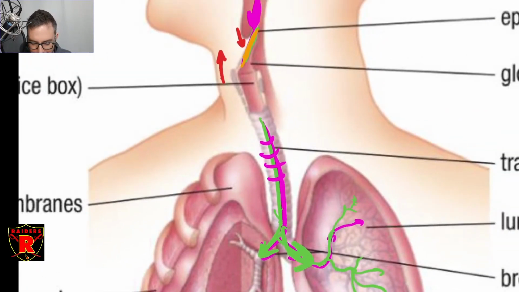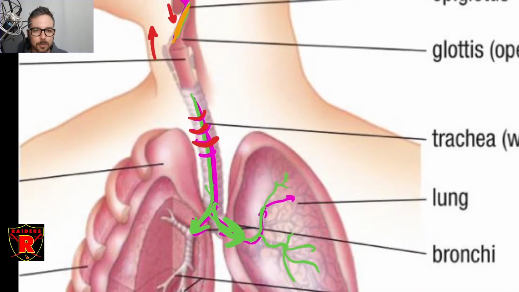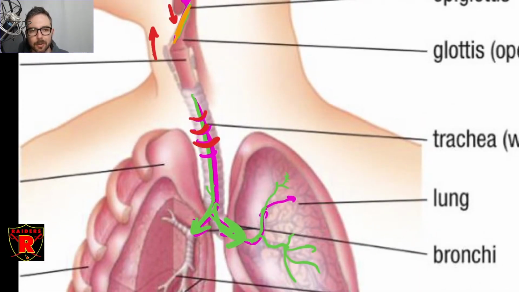Anyway, proceeding downward, you've got this tube right here, and if you run your hand along it, you can probably feel that there are little bumps, all the way down. Those little bumps are the cartilaginous rings that always hold open the tube. Unlike your esophagus, which is behind that, where the food goes down, the esophagus does not stay open all the time.